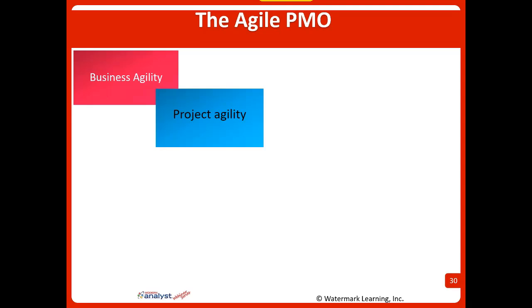I think people in an Agile PMO are in a really good position to help the organization understand the commitment that they need to make, the stake that they have in making Agile successful.